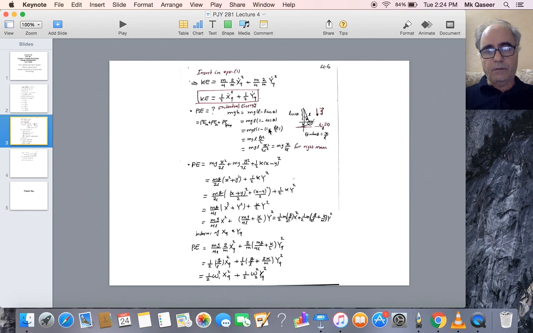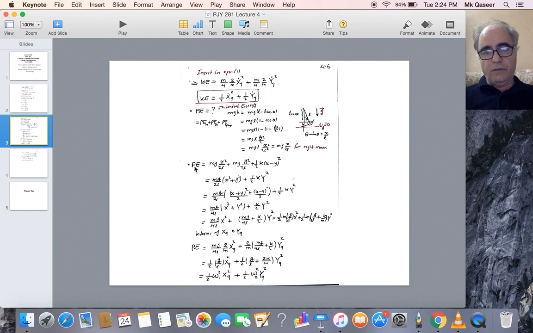Then 1 minus 1 is 0, minus minus is a plus, so we are left with mgL theta squared over 2. Now for small angles, theta is x over L, so we get finally mg x squared over 2L for the right mass. Similar expression for the potential for the left mass, but we have to replace x by y.